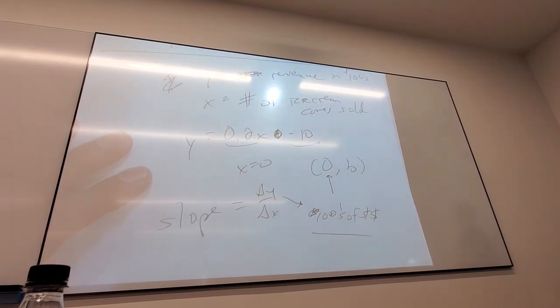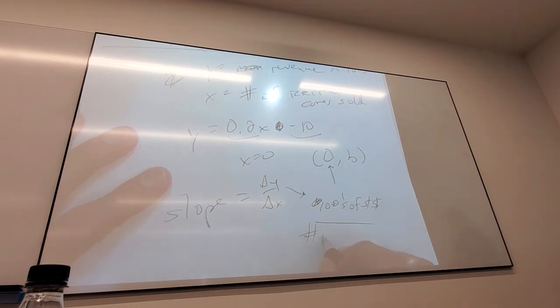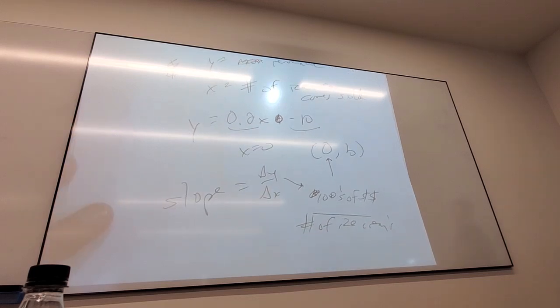X is the number of ice creams sold. So can anyone interpret the slope? It's positive, which is good.